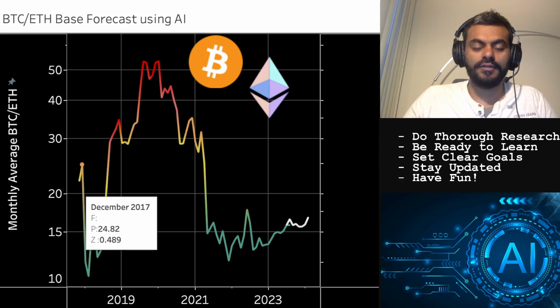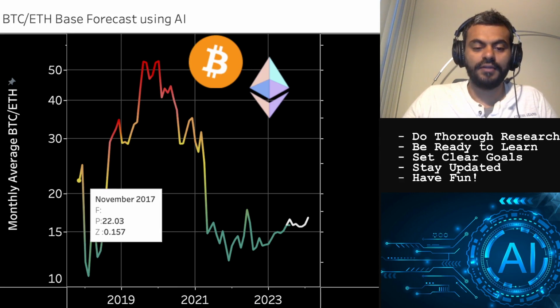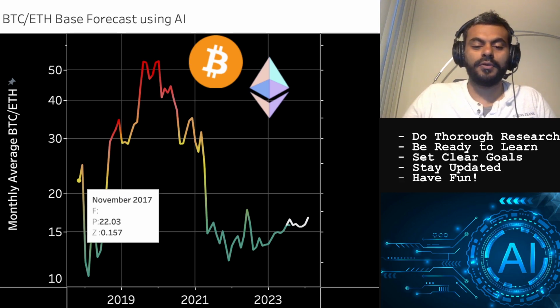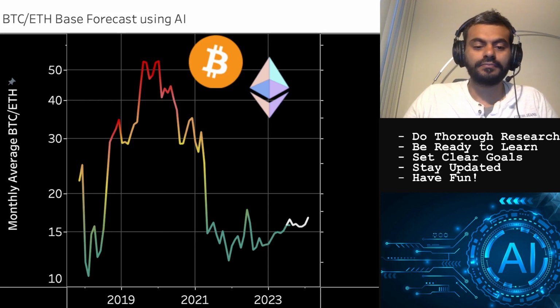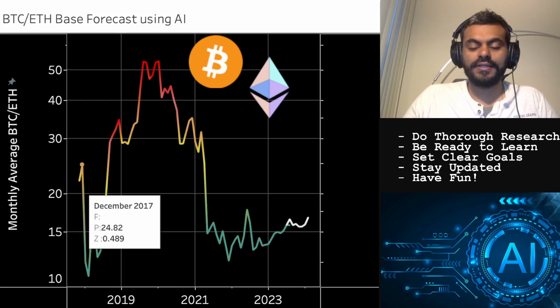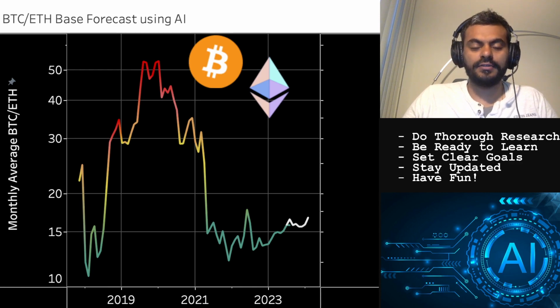The color code that you are seeing associated with that value is yellow to orange, and the z-score that you are seeing is 0.15, and this z-score is a metric of how far away a particular month's average is from the actual average for the entire time series, that is from 2017 till 2023.